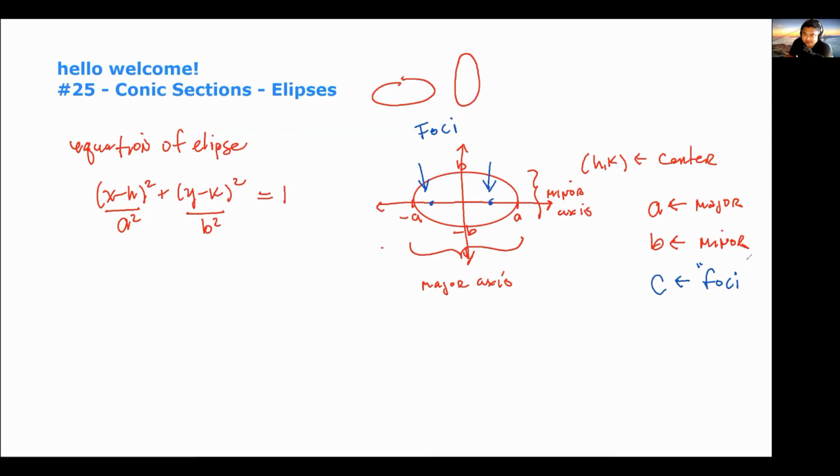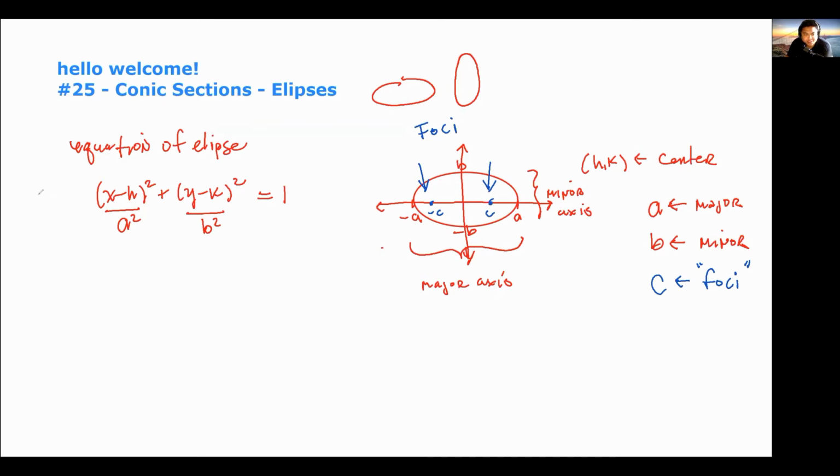That is more than one focus. It has two focuses, but in English, we don't say focuses. These are called the foci. And that would be negative C. That's C. But if you notice in your equation, you don't even know what C is. We'll get to that in a second.